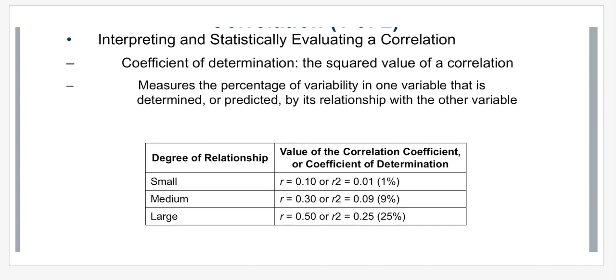I would still say that is considered medium. These really should be considered cutoffs at the high end. But again, these are just general guidelines, just to give you an example. So anything larger than 0.5 obviously is going to be a very strong relationship. It is a large correlation coefficient.